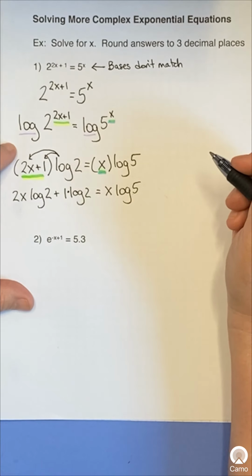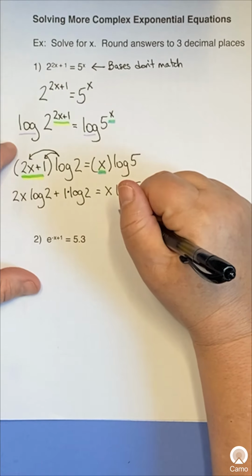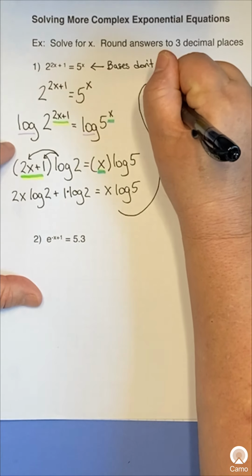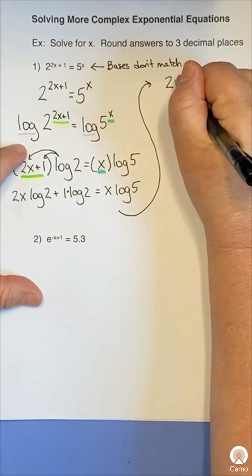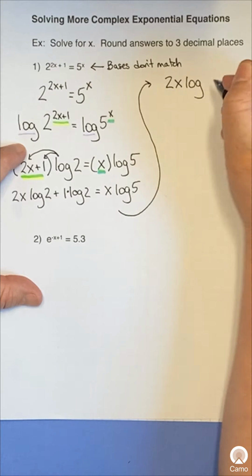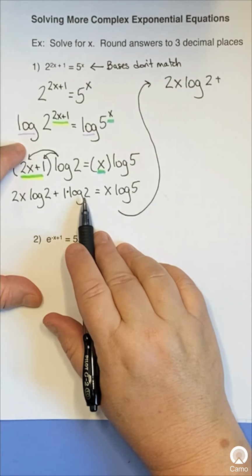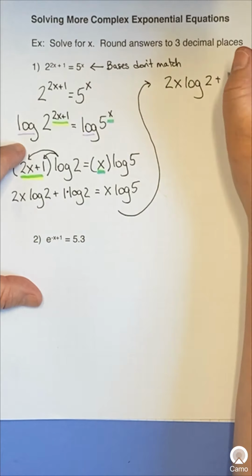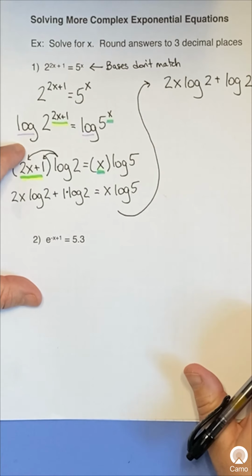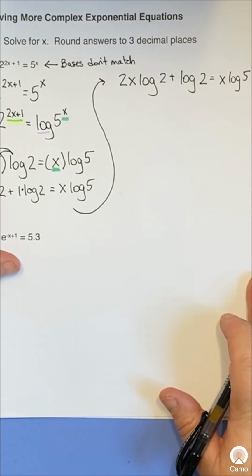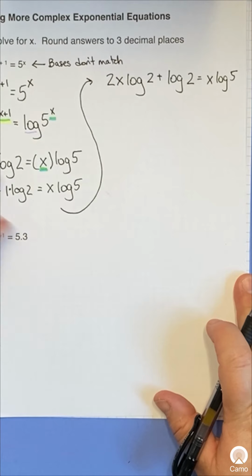But I also think that I've got no more room. So I'm going to go ahead and come back over here. So I've got 2x log of 2 plus, this is 1 times log of 2, so it's just log of 2, equals x log of 5. Oh, you can't see that. Let me try this again. I just copied it back over again.